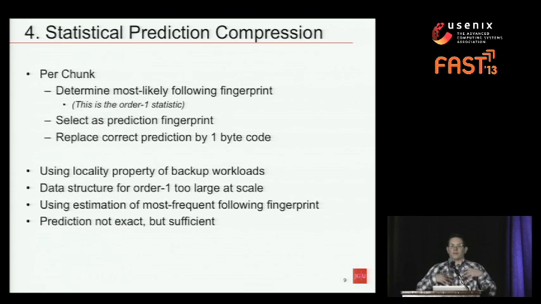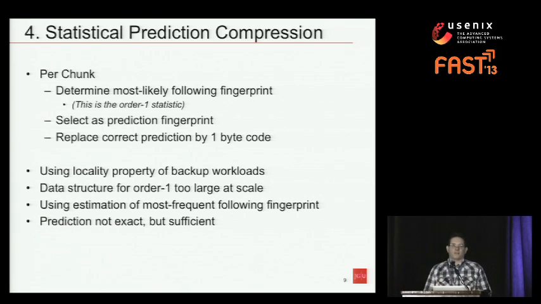This assumes that the order of the fingerprints in the file recipes is likely to be the same as in previous backup runs. And this is the locality property of backup workloads. But to determine the most likely following fingerprint, the full order 1 data structure we need to store is too large to handle at scale.